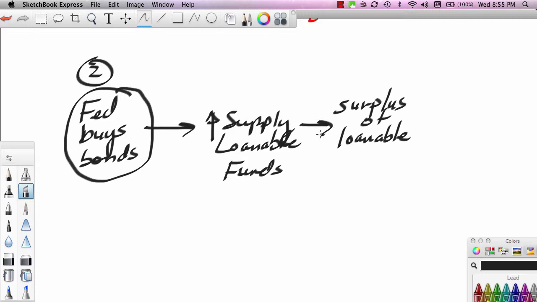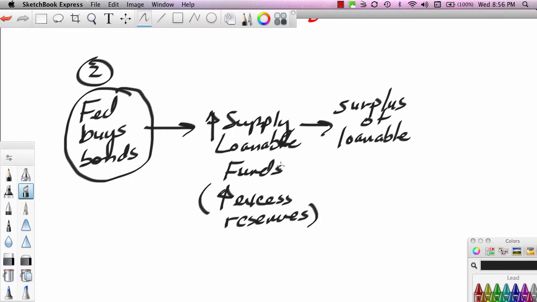So we're looking here at the loanable funds market. When the Fed buys bonds, it's going to increase the supply of loanable funds, which is going to create a surplus of loanable funds. Why? Because keep in mind the Fed has injected excess reserves into the banking system.